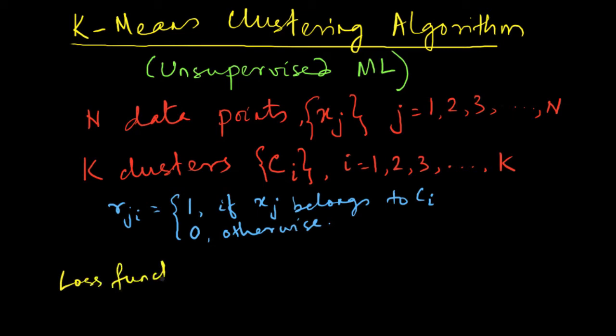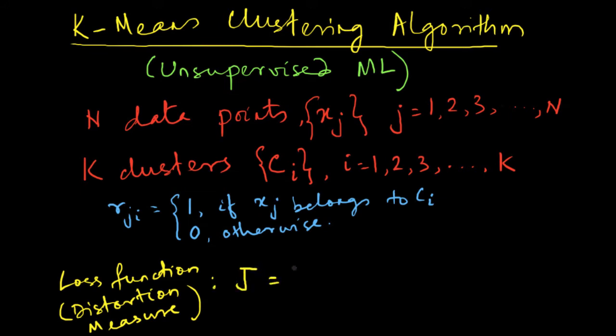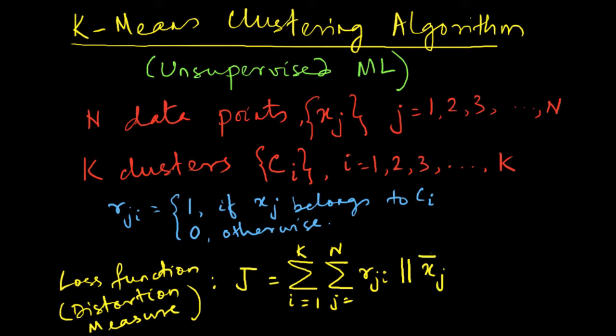The loss function for K-means is also called the distortion measure. So the distortion measure or the loss function for K-means, let us denote that by capital J, is equal to the sum over all i going from 1 to K, the sum over all j going from 1 to N, of r_ji times the norm of x_j, I am using a vector sign to denote the distance, minus mu_i, whole squared.